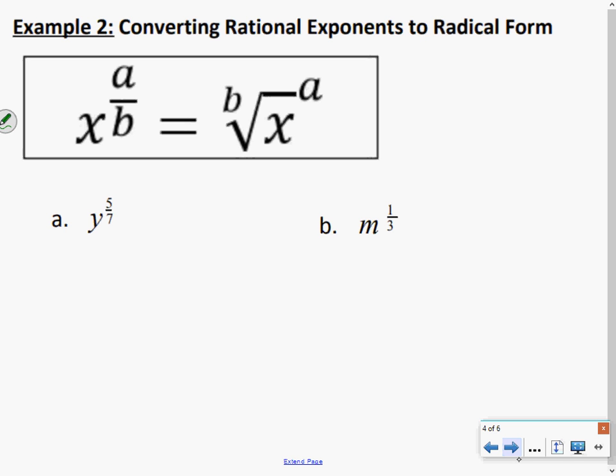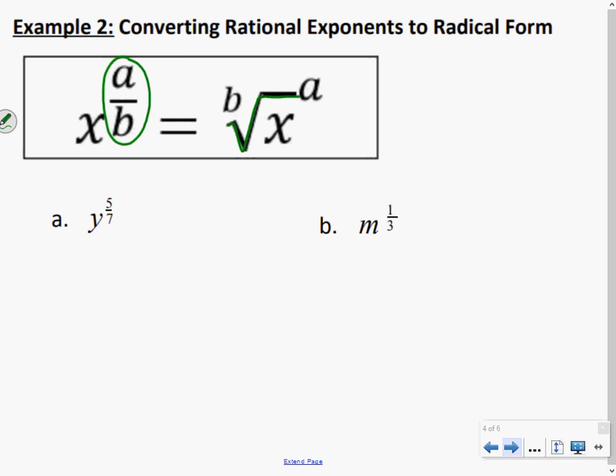And this thing in the box that you see here is telling us how we convert. So if we're going from a rational exponent to radical form, notice that the numbers that make up my rational exponent are going to be moved to 2 different places. Since we're converting to radical form, we're going to definitely have this radical symbol in here.